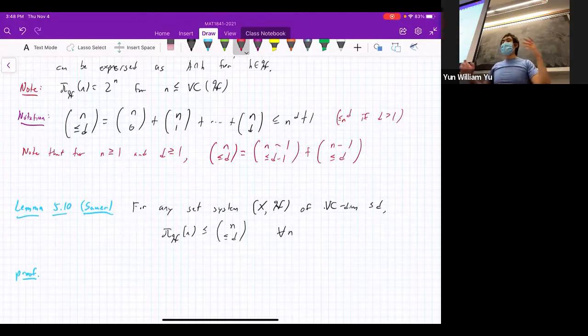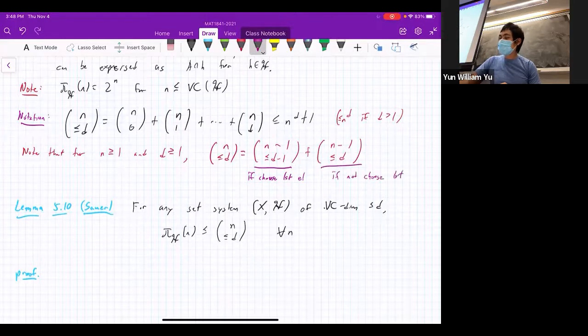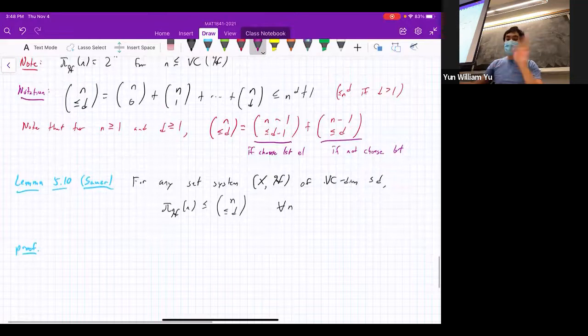So this first term is if we choose the first element, and this second term is if we do not choose the first. Once you've chosen the first element, then you have n minus 1 choose less than or equal to d minus 1. If you don't choose the first element, then you have n minus 1 and you choose the remaining d.